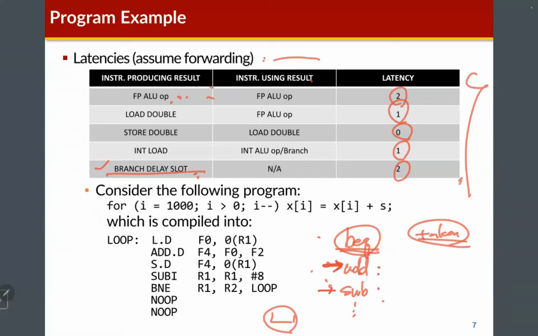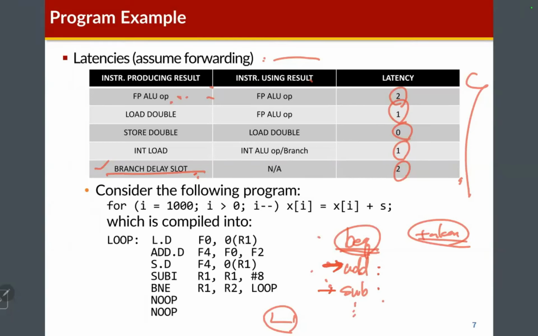So the delayed branch slot means that, even in a very simple pipeline architecture, the branch is resolved in the execution stage. It's true, right?